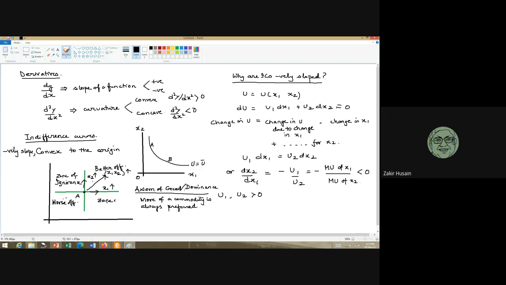Has MD discussed the derivation of indifference curve with you? Yes. So I guess she has done the slope of the indifference curve. This part has not been discussed, like the zone of ignorance and stuff.